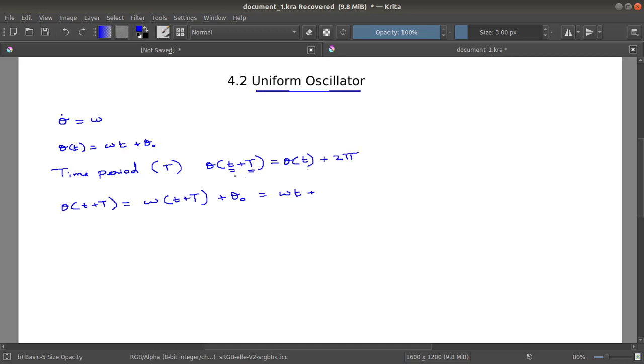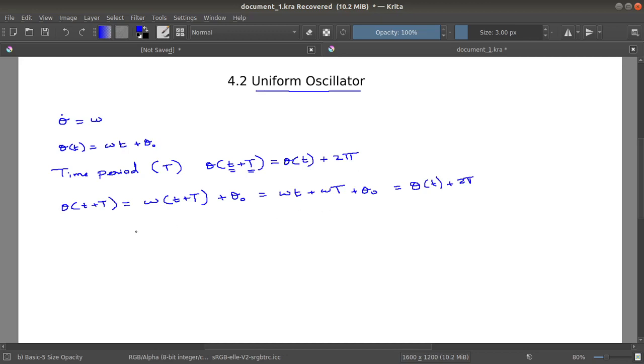Only then is the dynamic periodic, because theta plus 2 pi represents the same point as theta. So omega t plus omega capital T plus theta naught is equal to theta of t plus 2 pi.